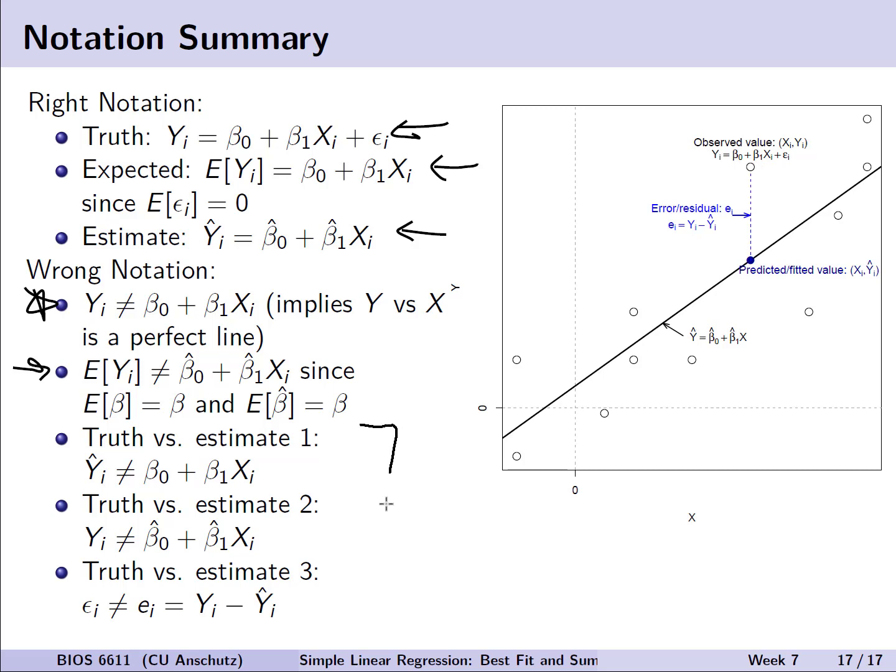We also have 3 cases of truth versus estimate confusion, where y hat i is not equal to beta naught plus beta 1 xi, the true values. Again, we have to estimate those with the hats. Likewise, the reverse is not true, that yi is equal to beta naught hat plus beta 1 hat xi. And finally, the errors epsilon i are not equal to the residuals. We're estimating those errors from the residuals, but they're not equal to one another, even though conceptually we can think of them in a very similar way.